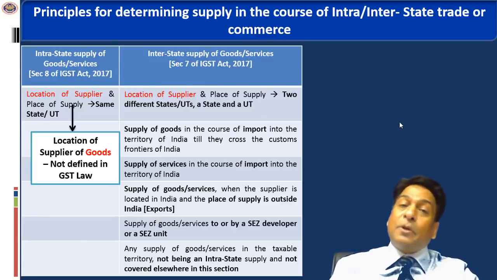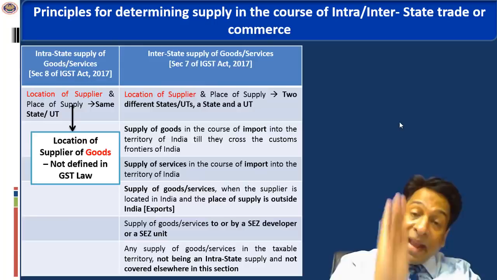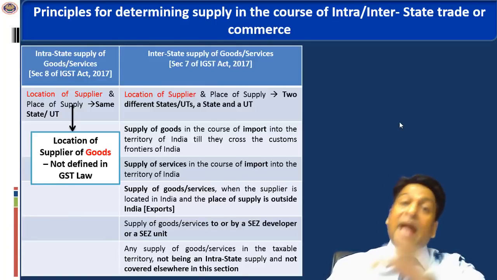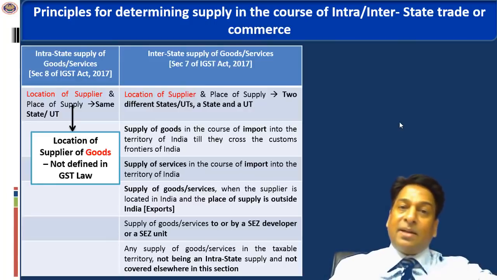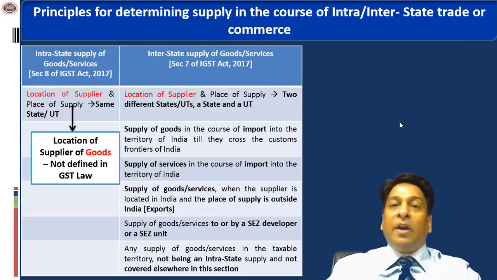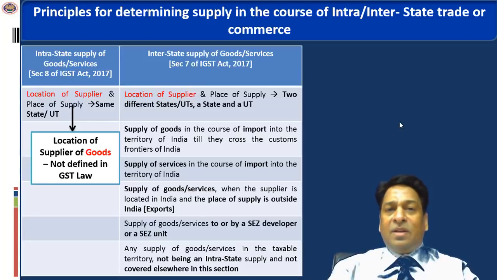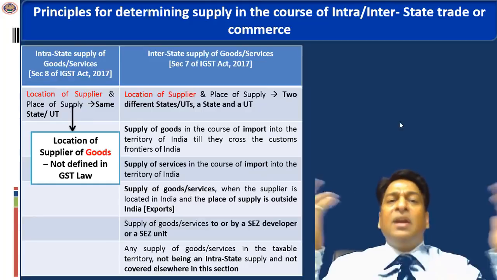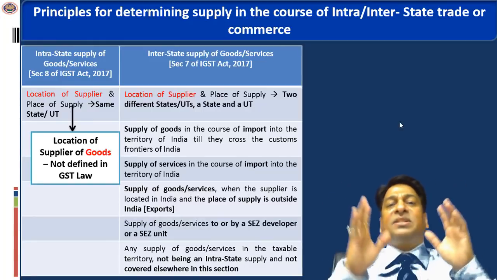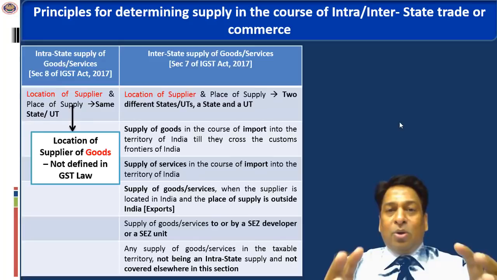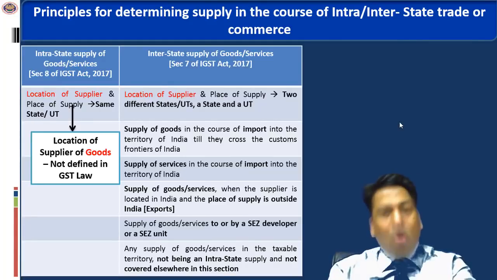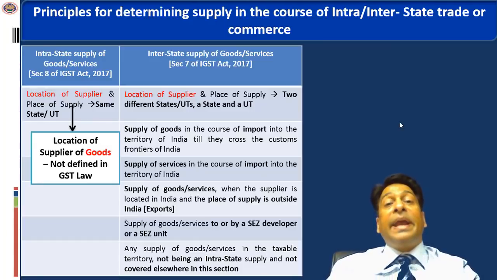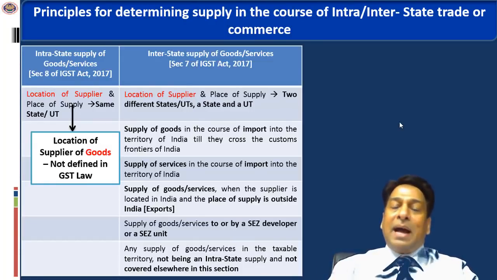But when supply of goods or services is happening by an SEZ unit or developer, so they are supplying to a domestic taxpayer, it is interstate. GST leviable, the answer is yes. If it is interstate, what is leviable? IGST leviable. So supplies to or by an SEZ unit or developer is interstate supply.